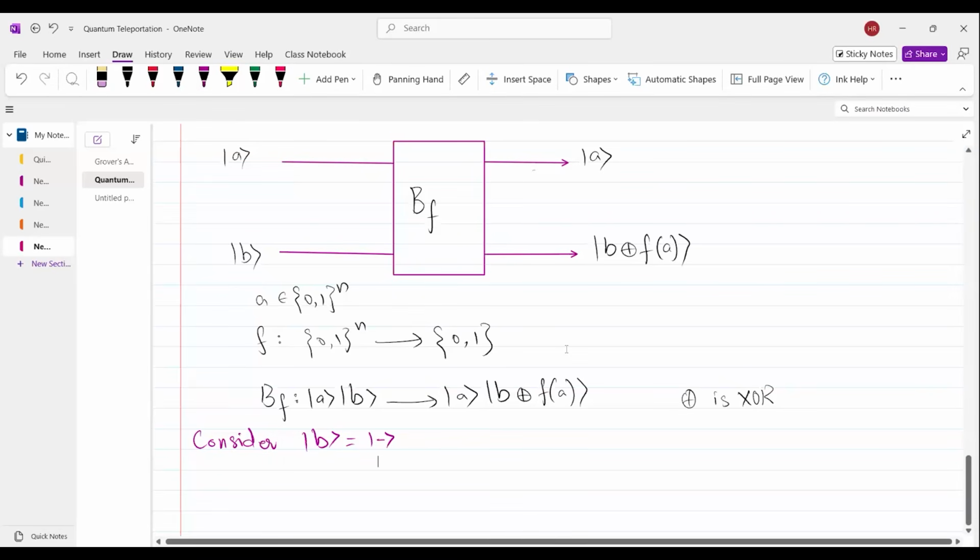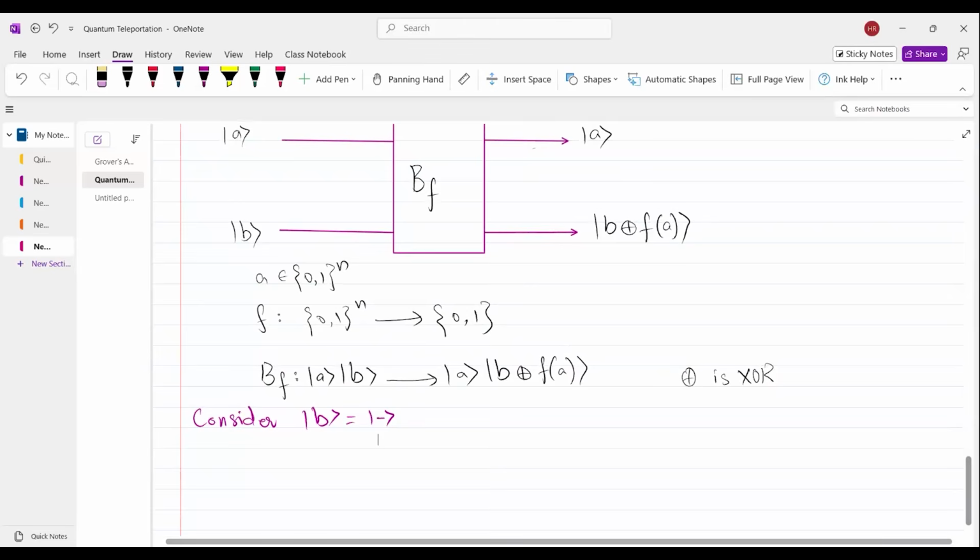It is interesting to note that this XOR operation is applied within the ket on classical bits. So we are fixing B to be the minus state, and then we are seeing the effect of U_f over A and the minus state.